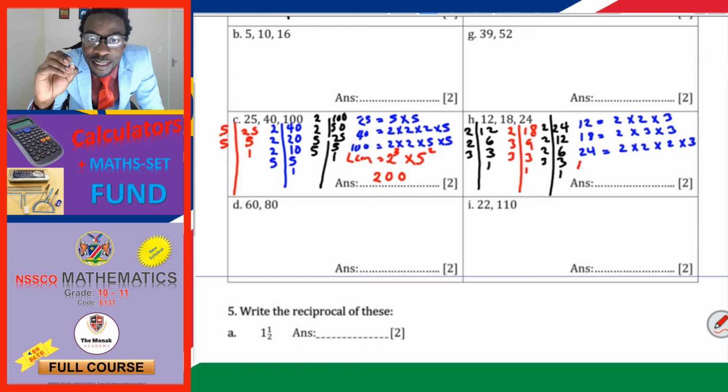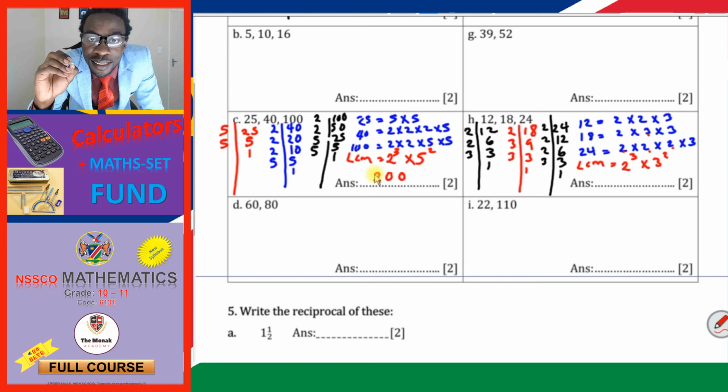Remember, we said for LCM, we include each and every prime factor. So we start with 2. Where does 2 appear the most? In 24, it appears 1, 2, 3 times. So to the power 3. We go to 3. Where does 3 appear the most? In 18, it appears 1, 2 times. No other prime factor exists.